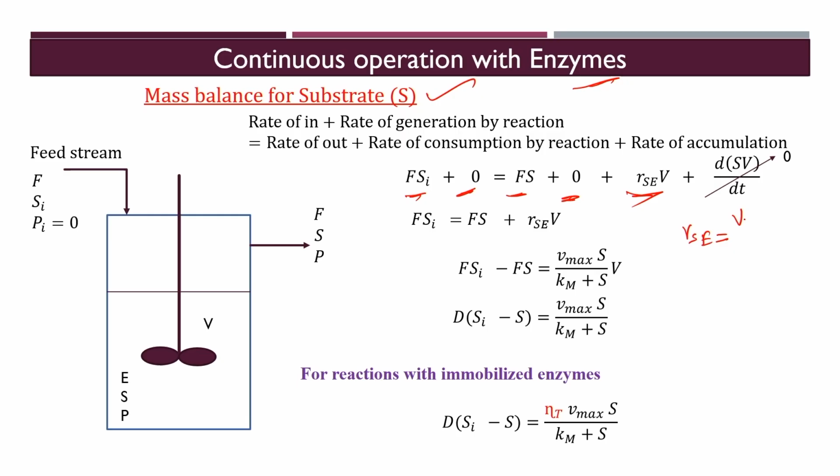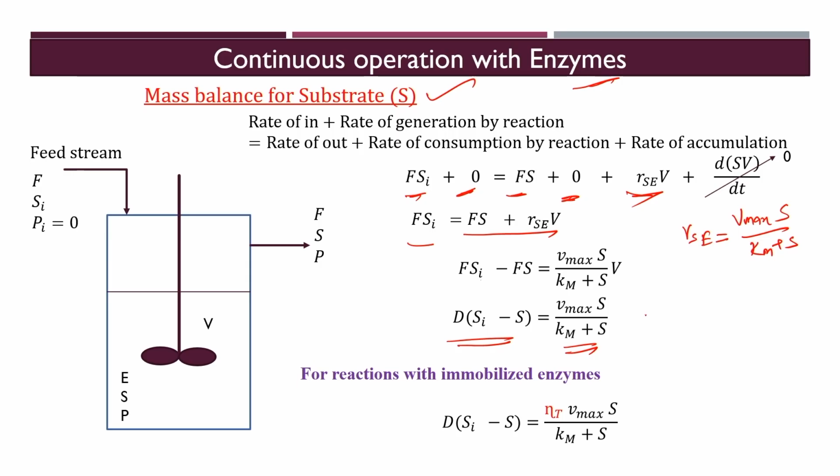So, this will be Vmax S upon Km plus S, into V. So we get F Si equals F S plus Rs into V, or F Si minus F S, or D times Si minus S, equals Vmax S upon Km plus S.